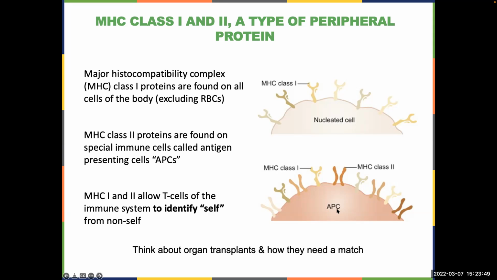These are things like macrophages, for example, and B cells that are involved in specific processes of the immune system. So they would have both class 1 and class 2. Everything else would just have class 1.